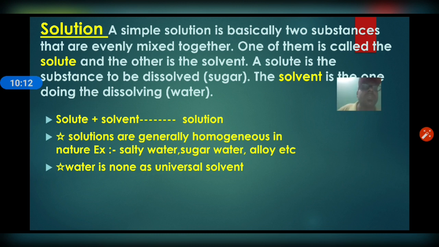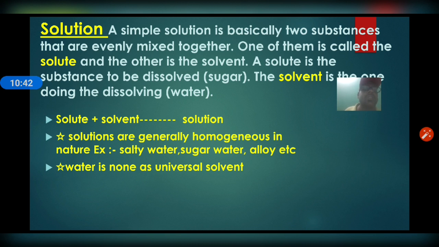And now it's a very important topic: solution. A homogeneous mixture, meaning one which does not have any separation boundary, is always a solution. And what is a solution? A simple solution is basically two substances that are evenly mixed together. Evenly mixed means there is no separation boundary. One of them is called solute and the other is called solvent.